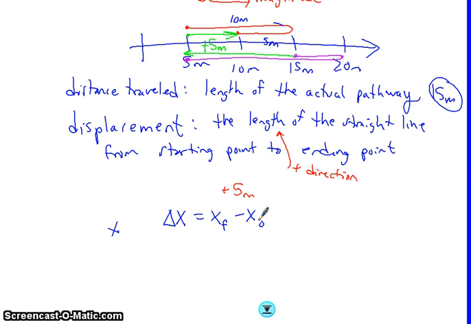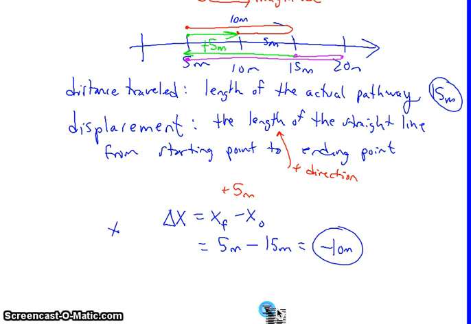Just subtract final position minus initial position. So when you take a final position right here of 5 meters minus an initial position right here of 15 meters, you get an answer of negative 10 meters. Do you see how that calculation automatically gives us the direction as well? It automatically tells us that it's negative, which would be to the left.